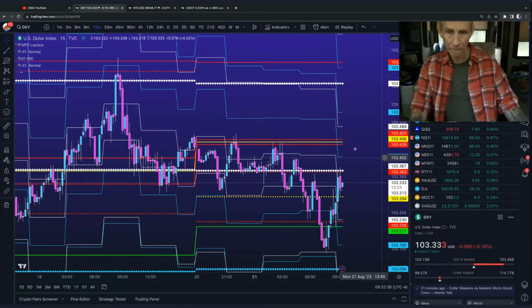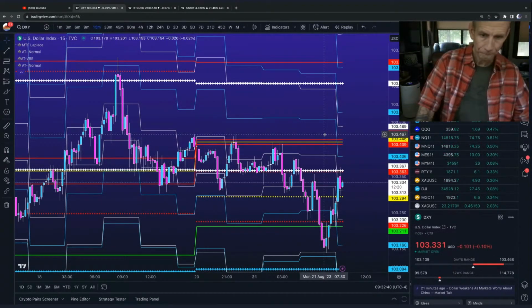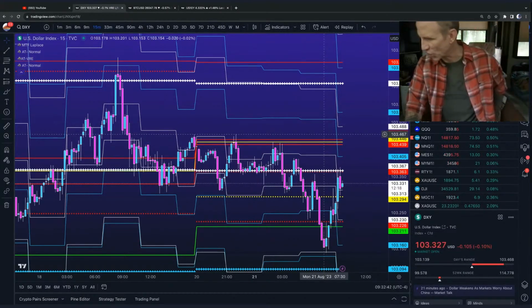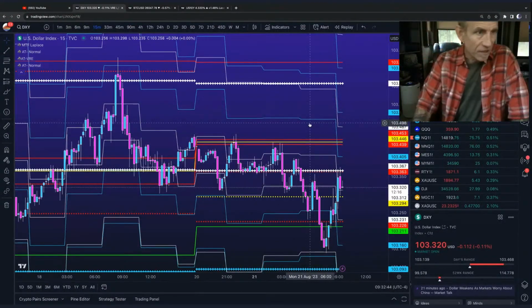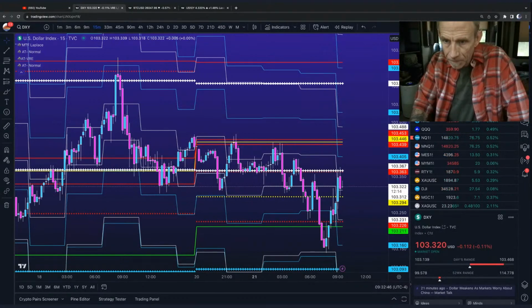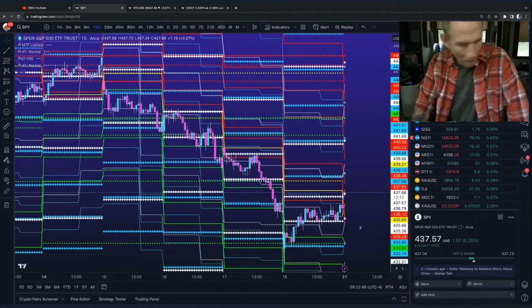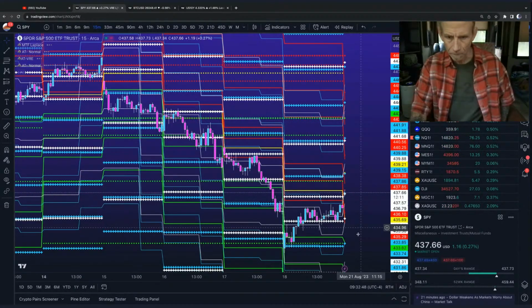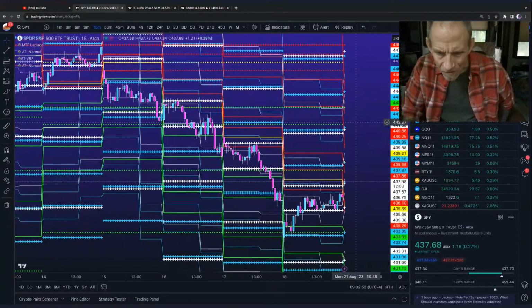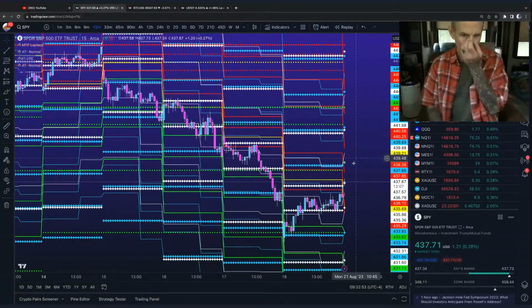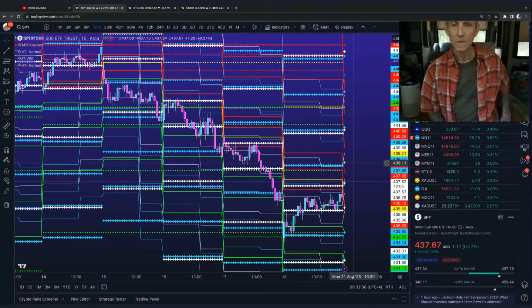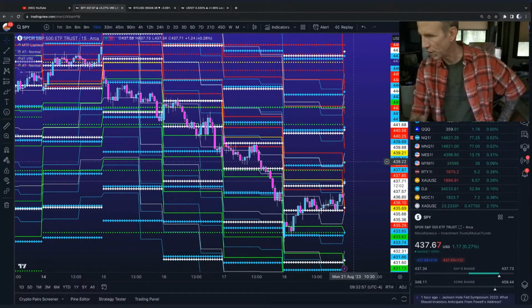Not going to be fun. Bears are going to have fun, the sellers. Good stuff. Where is that 1SD? Right at the center of the weekly. Let's push it.